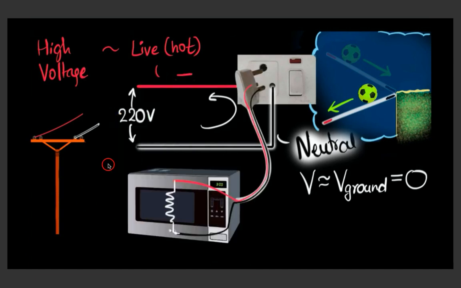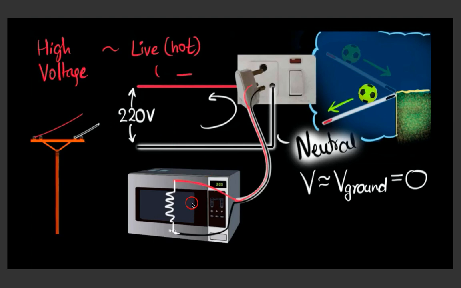Okay, and now you might wonder at this point what the point is of this prong. And you might know already that this is called the grounding prong. This is where the ground wire is. Because based on everything that I've explained so far, it isn't really clear what the role would be for a third prong, because it appears that you only need 2 wires in order to power something.